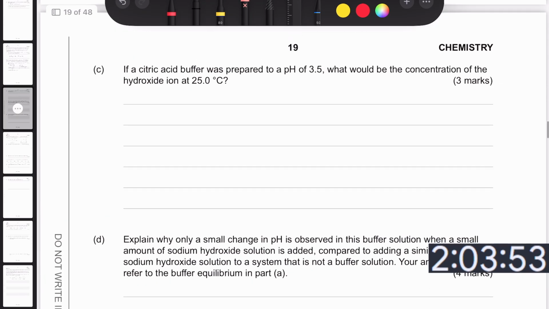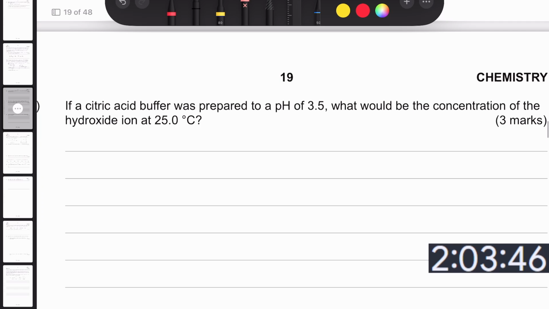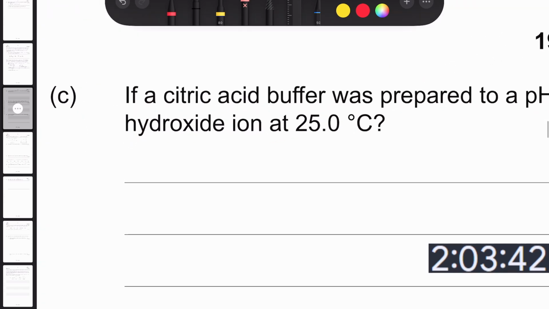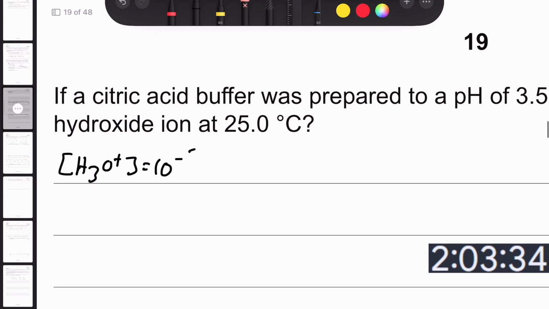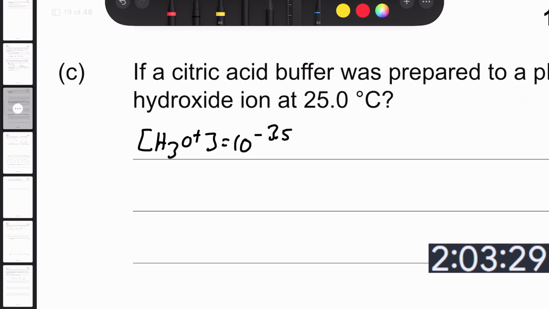Okay, page 19. If the citric acid buffer was prepared to a pH of 3.5, what would be the concentration of the hydroxide ion at 25 degrees Celsius? So if H3O plus equals 10 to the negative 3.5, I'll do it this way, yeah.